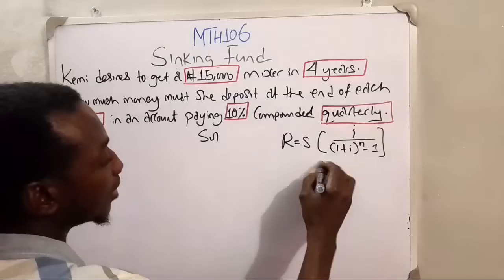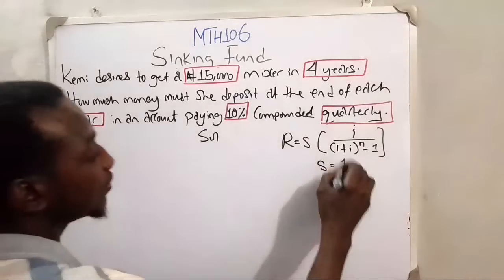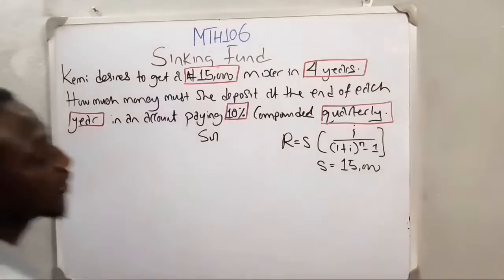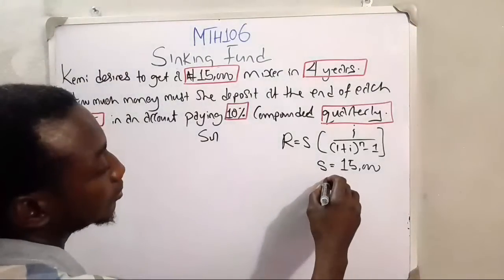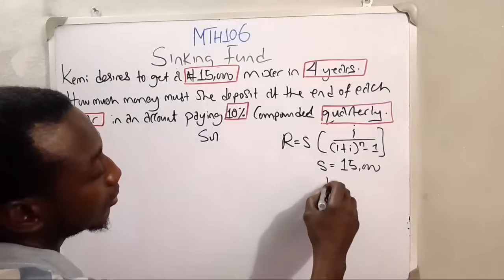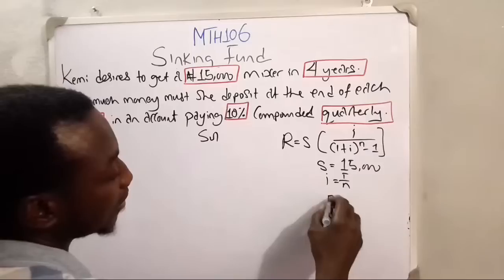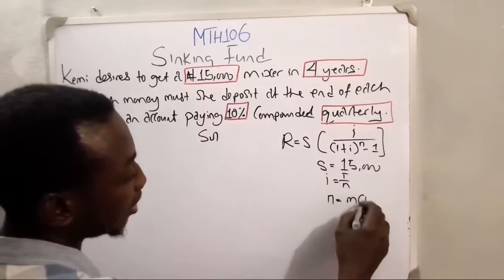We have our S, which is 15,000 naira. We have our I, which is R over N. We have our N, which is M into bracket T.